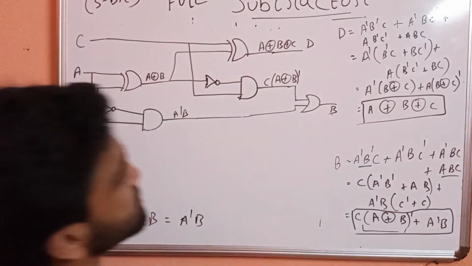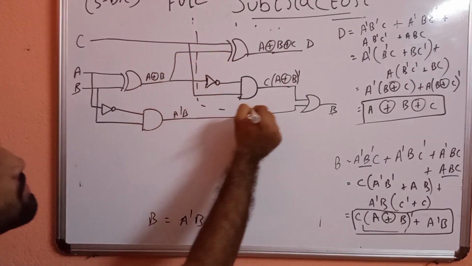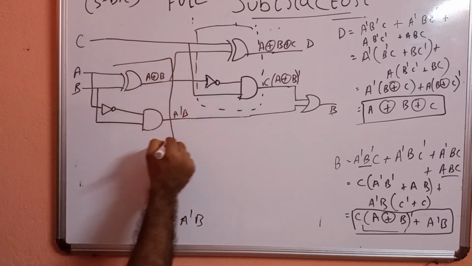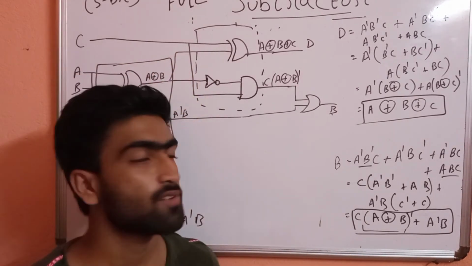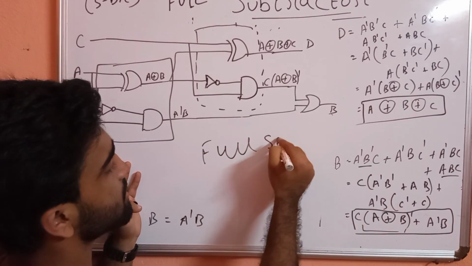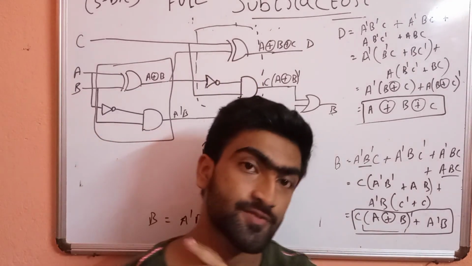This is my borrow expression we have got. So we have used a half subtractor over here and a half subtractor over here, correct? So we have completed the full subtractor. This is a full subtractor using two half subtractors. This comes very often in exams.